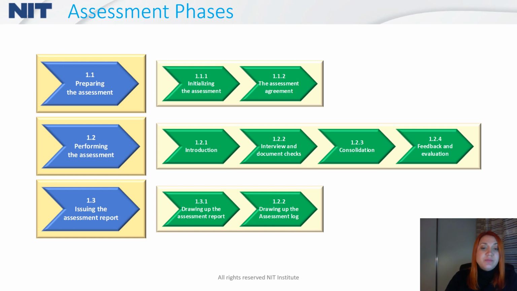Issuing the assessment report includes drawing up the assessment report and drawing up the assessment log. All these phases can be done for any kind of the assessment. It is not important that it is a SPICE assessment or it is, for example, ISO 26262 assessment. This is something which will happen eventually in any kind of assessments.